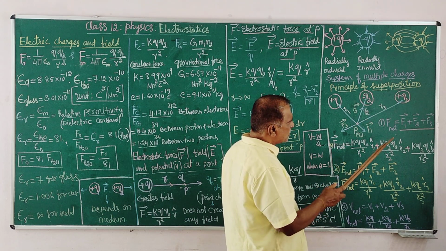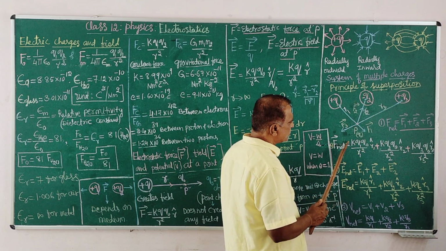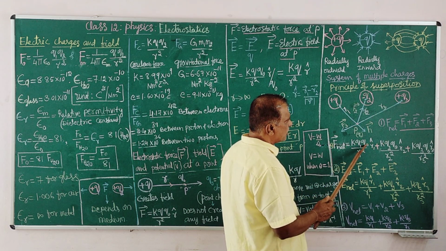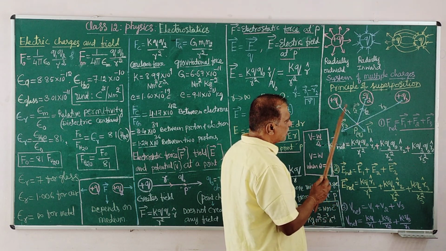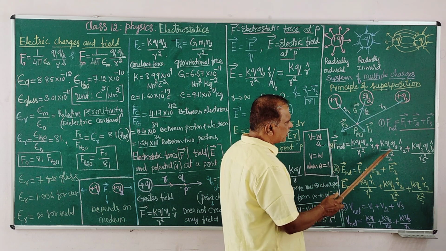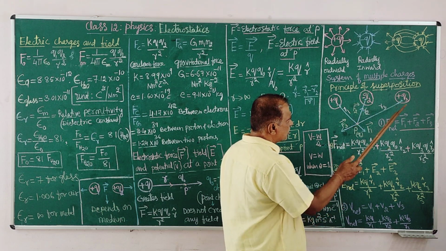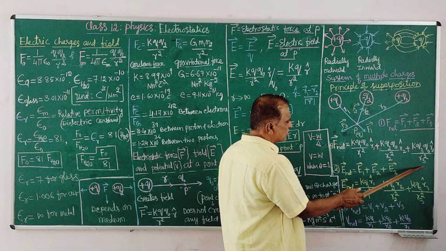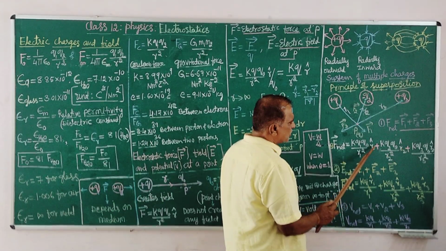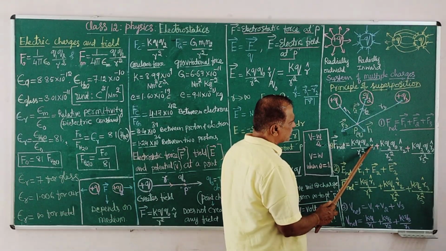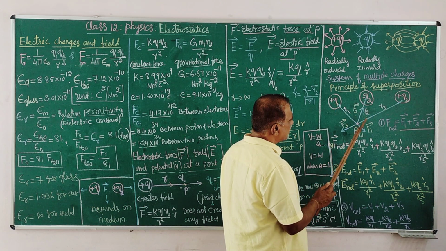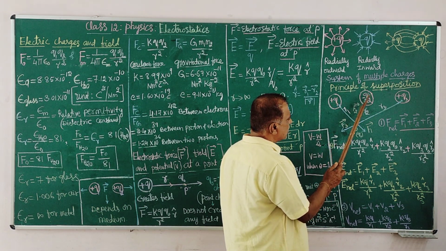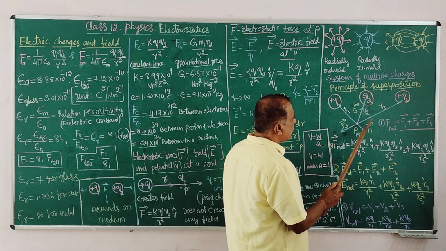And we know what F1 is, so substitute for it. The electric force between these two is the electric force by this charge, like this. R1 is the distance between them, R2 is the distance between this and that, R3 is the distance between this point and this.